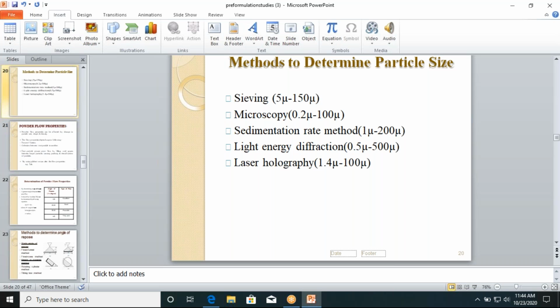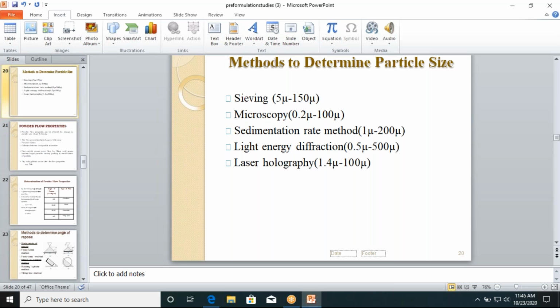So how you will do this is, in this case, you will blend random samples taken from the bulk powder, and after taking the random sample from the bulk powder, it will be reduced. The sample size will be reduced to less than 0.5 gram, and then again reduced by quartering it, and the sample will be suspended or dispersed and thoroughly mixed in a liquid having a different refractive index, and then it will be counted under the microscope.